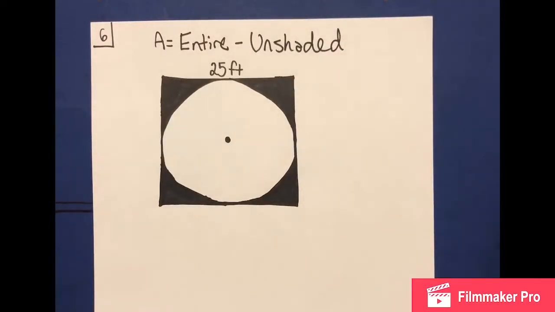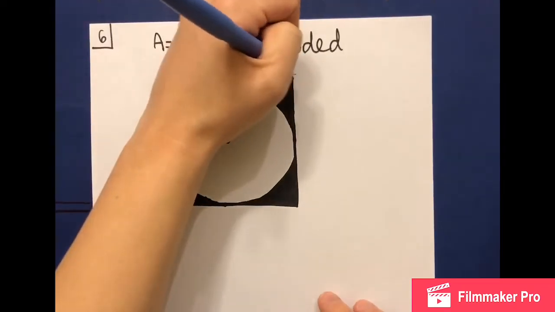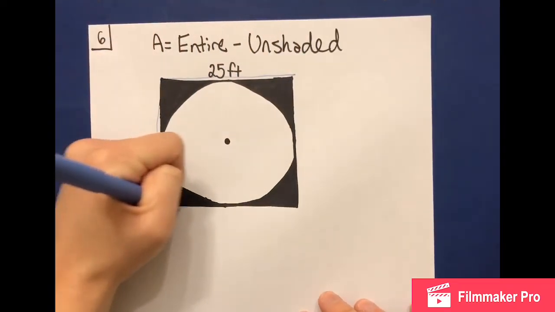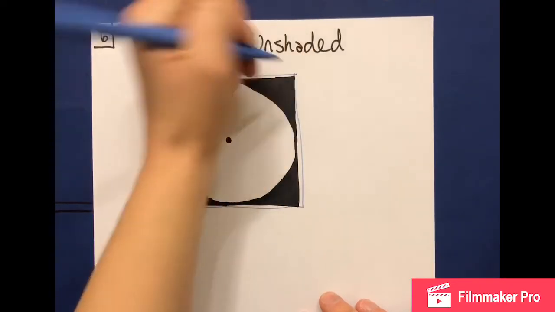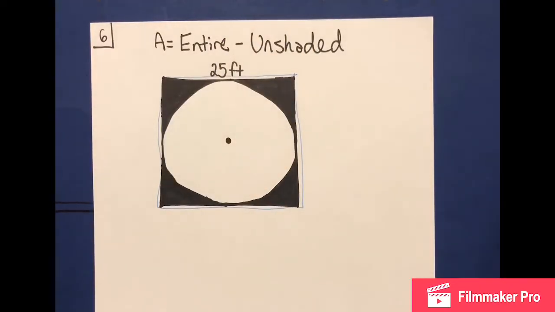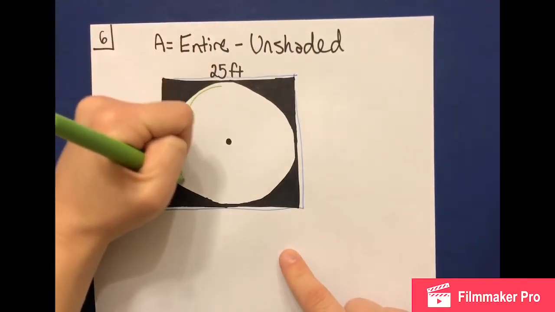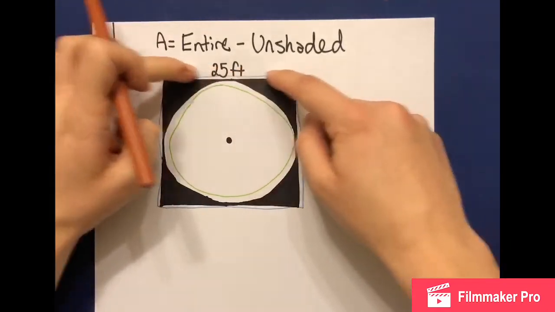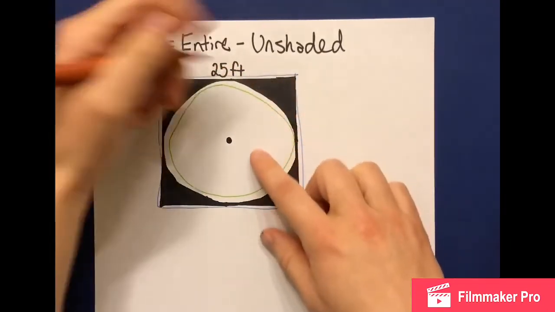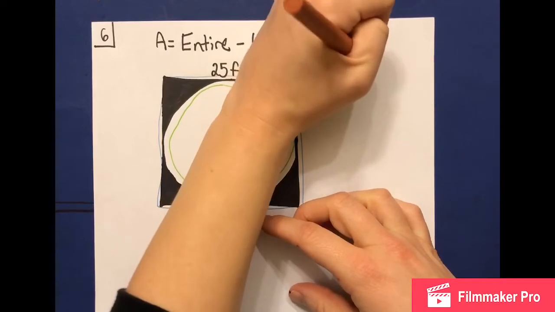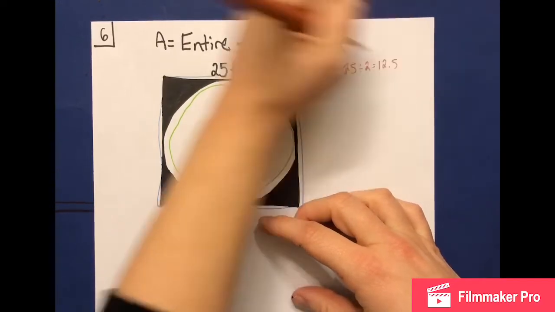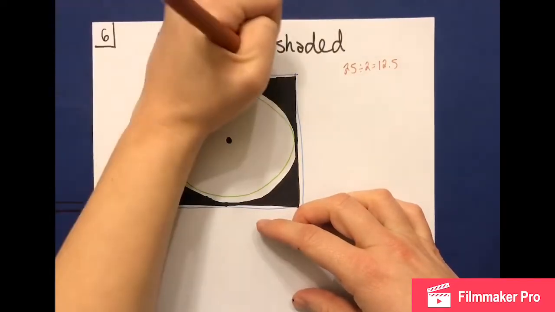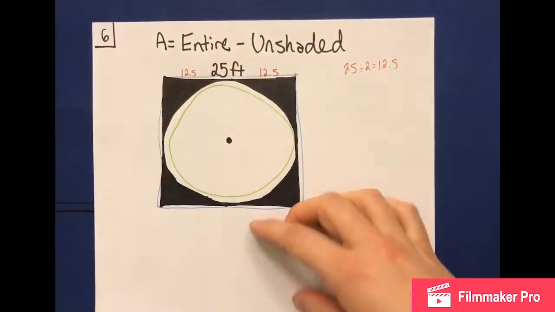Okay? So I have 2 currently. I have this whole thing, and I have the circle. Okay? So looking at what we have, if the whole thing here, because it's in the middle, is 25, I just do 25 divided by 2. I get 12.5. So each little part here is 12.5, 12.5.